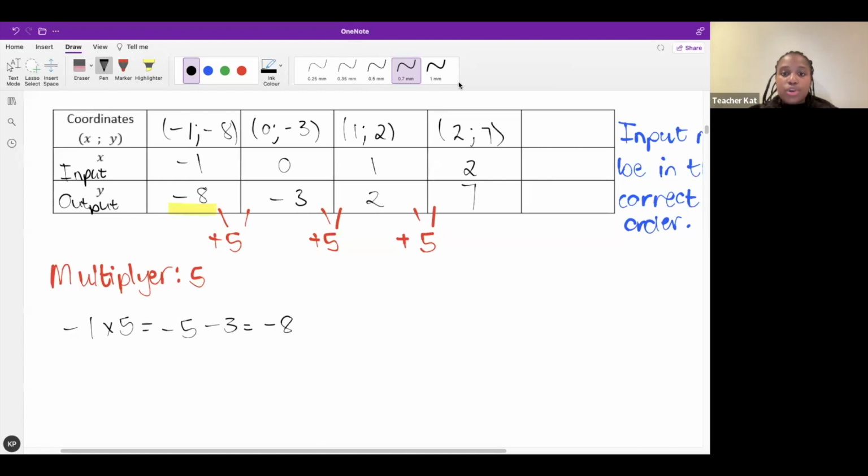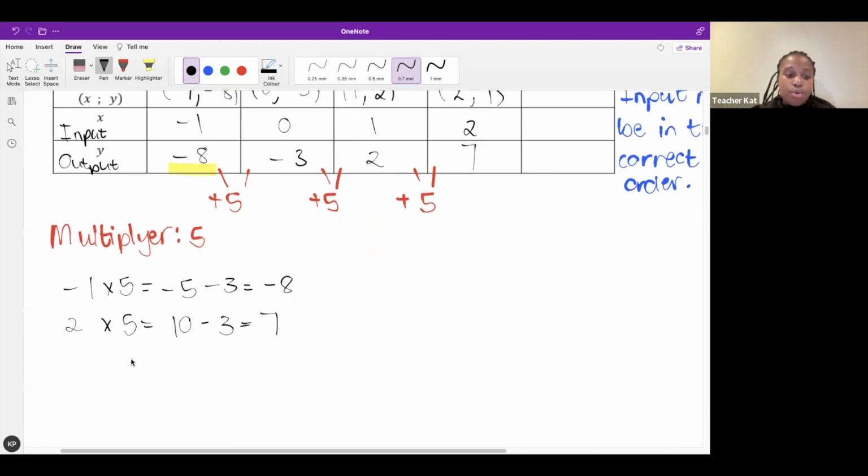Now remember, you have to try it with another point just to verify it and see that it's correct. So I'm going to try it with the last one. 2 times 5. What's 2 times 5? That is 10. And if I subtract 3, I'm going to get 7. Is 7 the output we are looking for my input of 2? Yes, it is. So what is the actual formula for this graph here?